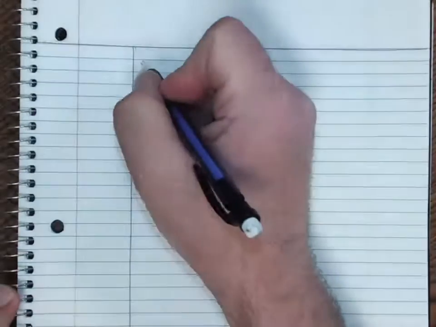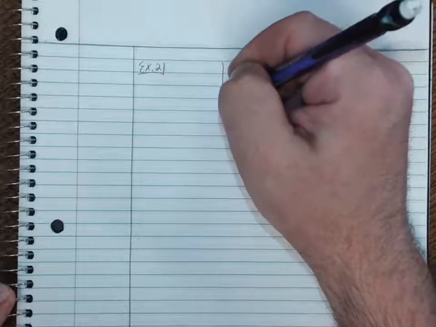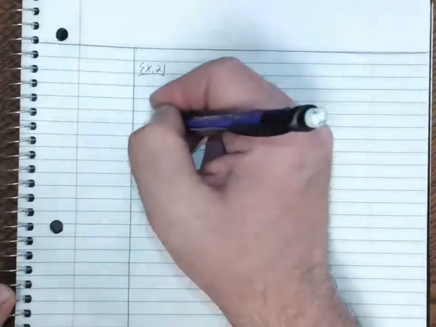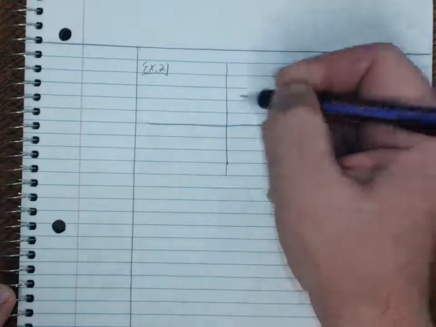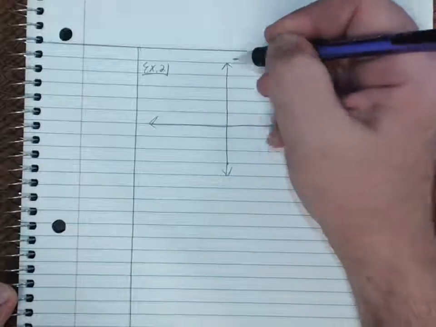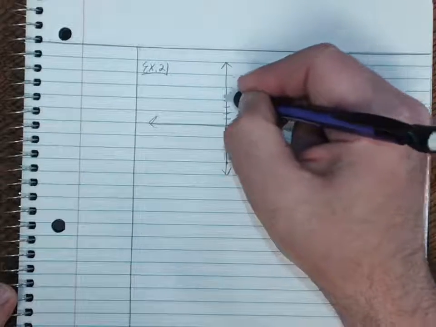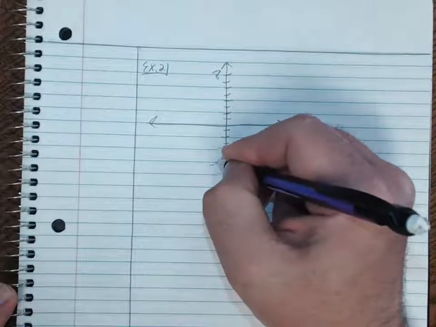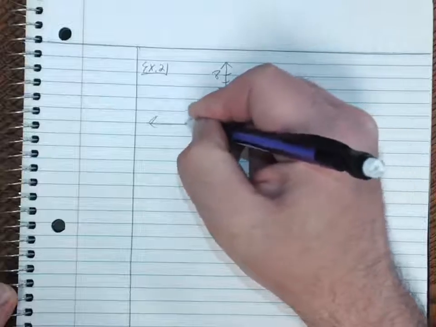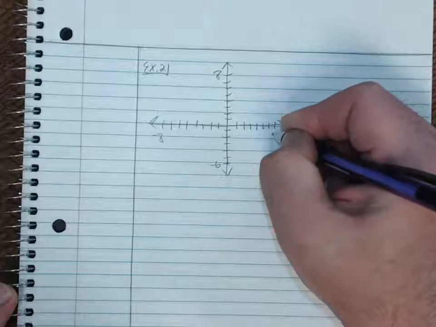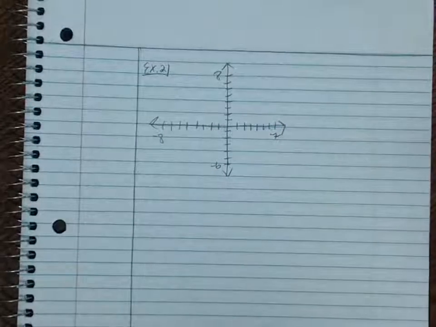So what is this? Example 2. All right. So first you need a graph. So we'll graph this. All right, let me just put a graph on here.